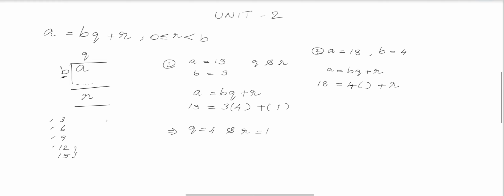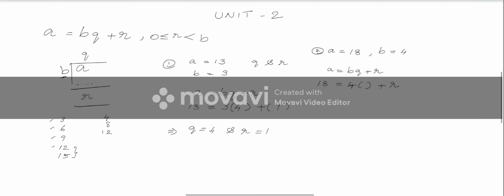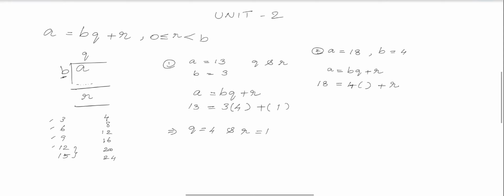4, 8, 12, 16, 20, 24 and it goes on. Now we have the dividend as 18, so 18 lies between 16 and 20.